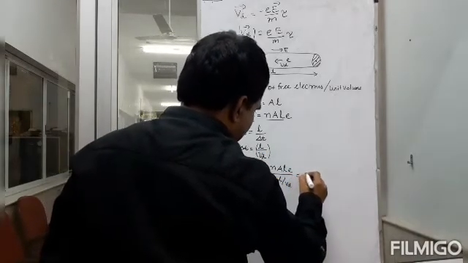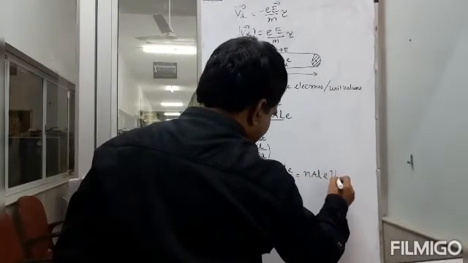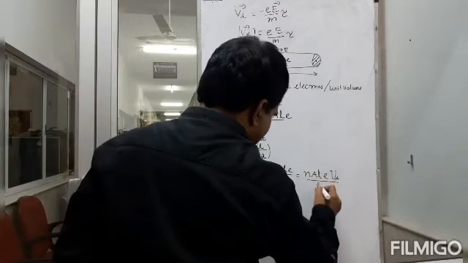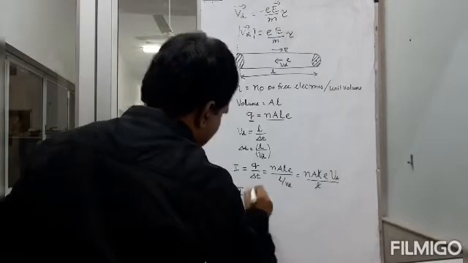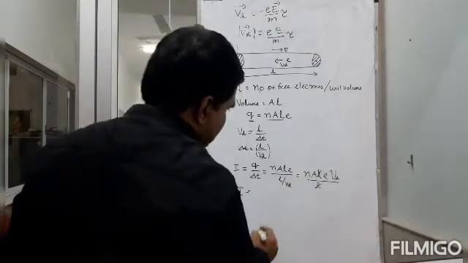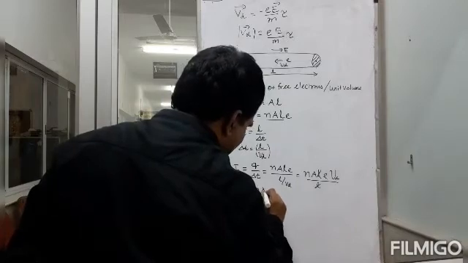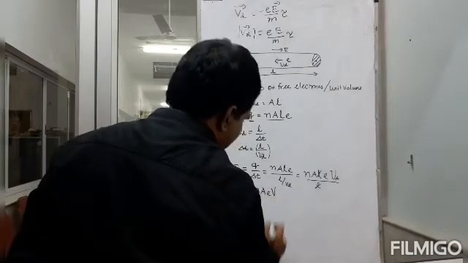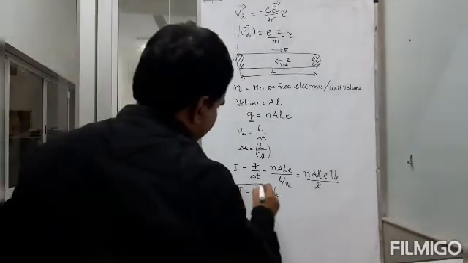So it will go up: N A L E Vd by L. So the L will go away. So the current through the conductor can be given by this expression, I equals N A E Vd. Yeah, that is it.